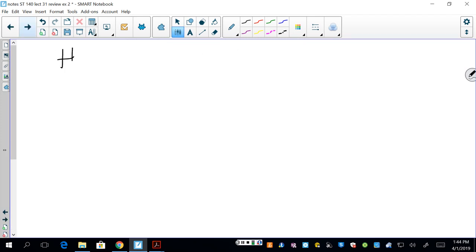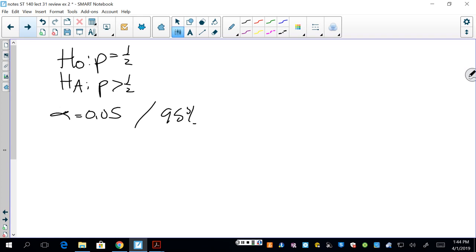So if you had a null hypothesis that p equals 1/2 versus the alternative that p is greater than 1/2, and you get a z-value, and we're doing a 5% significance level, kind of like 95% confidence, and you get a certain z statistic that you compute.